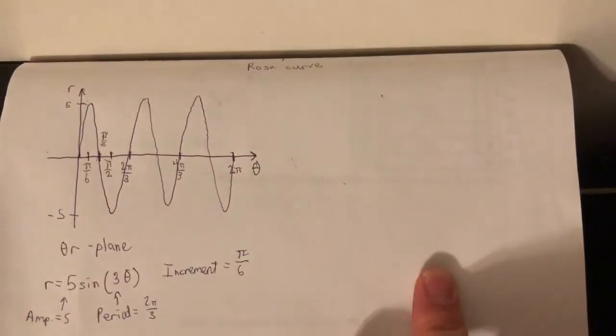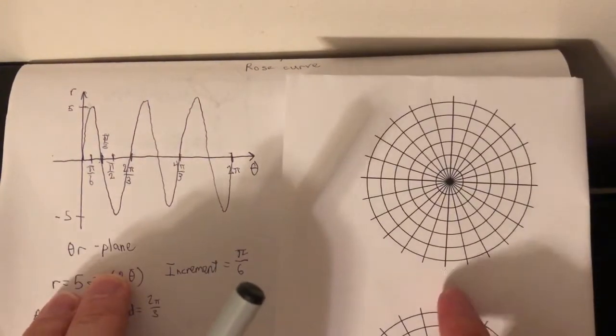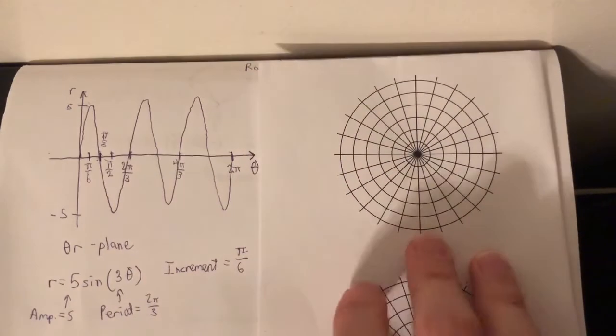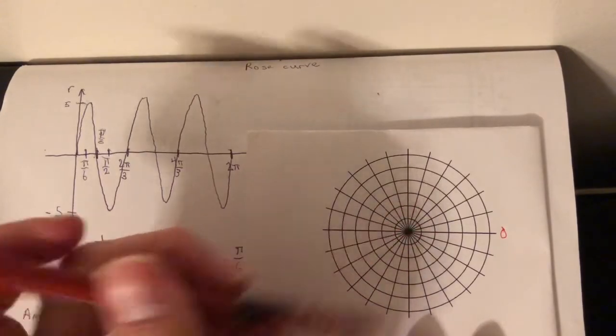So let's get a start, and I can actually take a look at some polar graph paper here, just because it requires a little bit more precision than our last example. I'm going to start by labeling some of our angles. So I've got 0. Remember, each of these branches represents pi over 12 units.